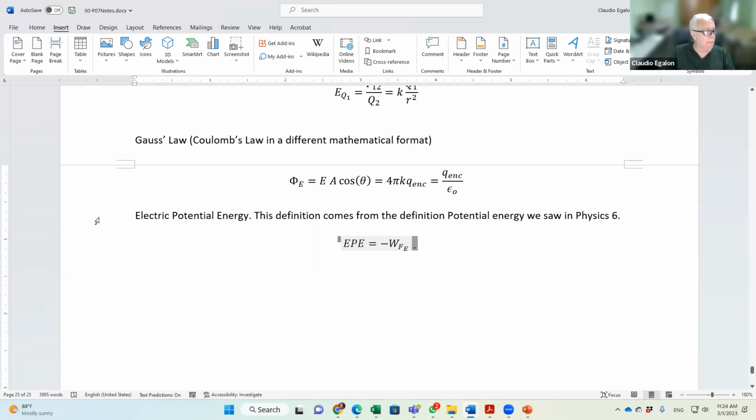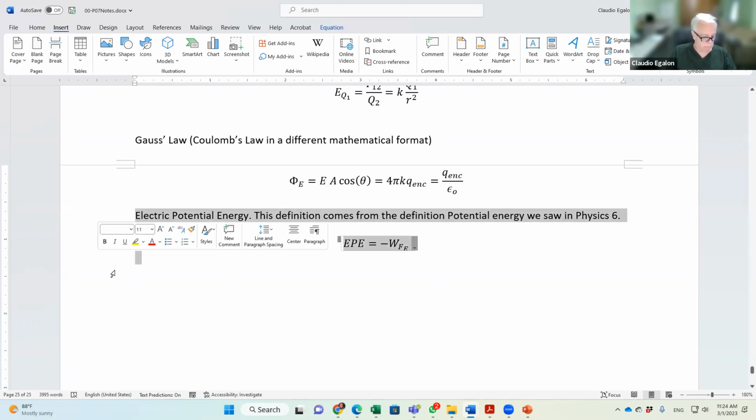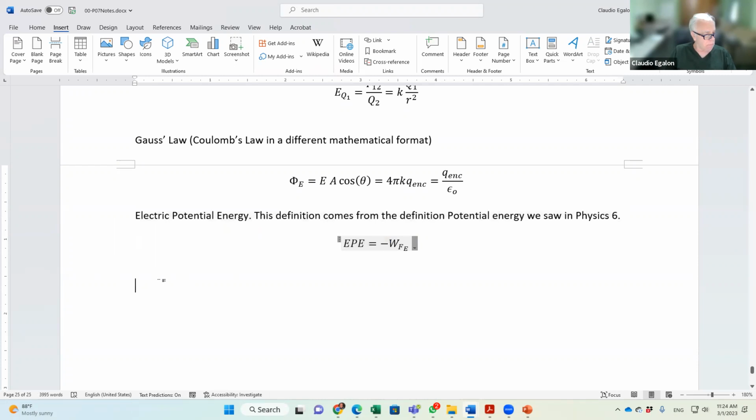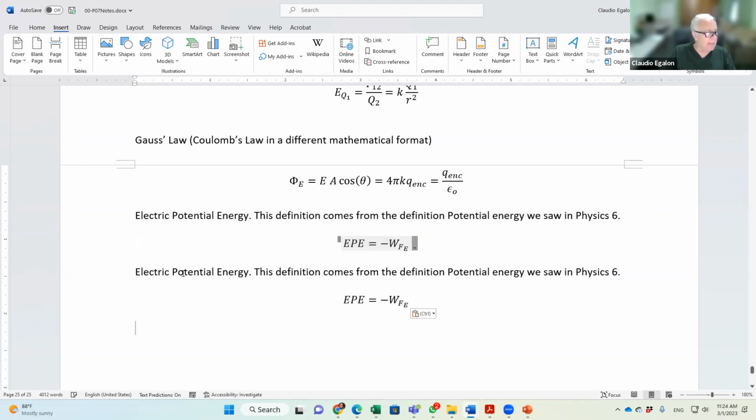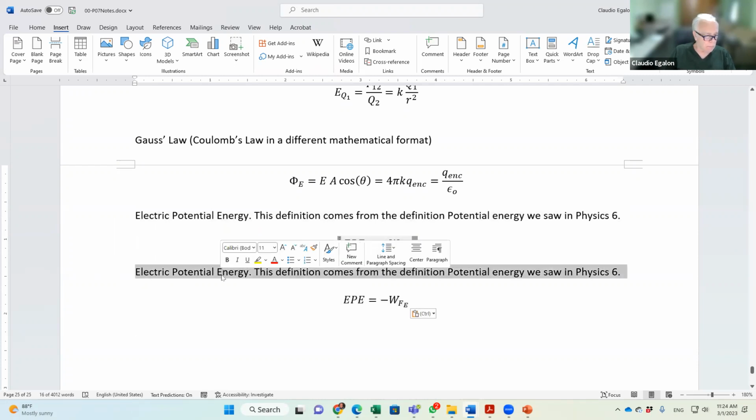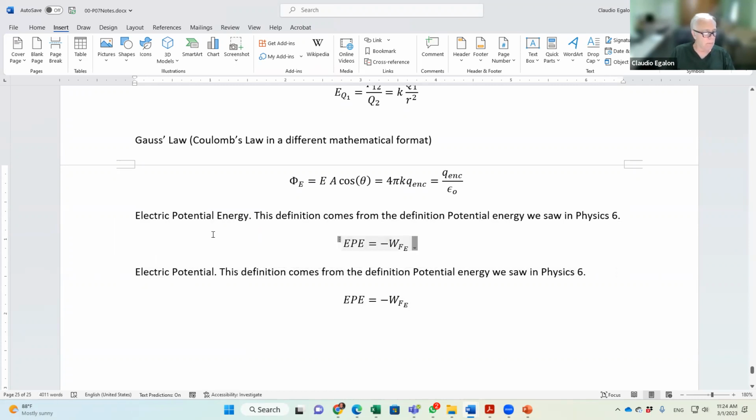And then we have the electric potential. This is defined in terms of the electric potential energy.